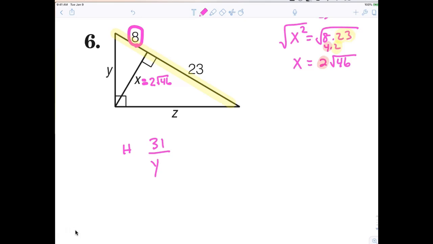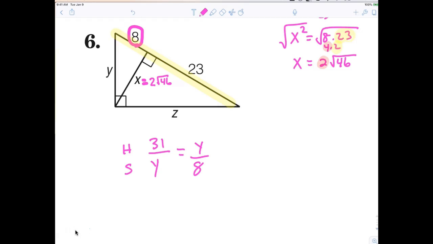Hypotenuse, and y is going to be the short leg. Everybody agree with me on that? Is equal to. Now, let's look at the small. Y over what? Y over 8. Does everybody see that? All right, that's not that hard.